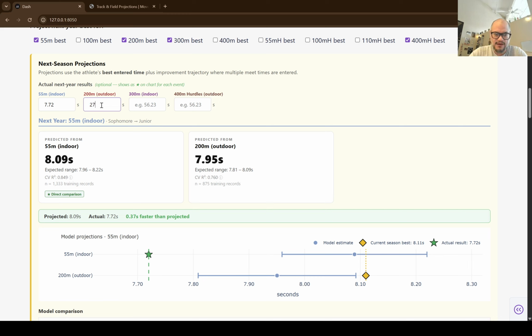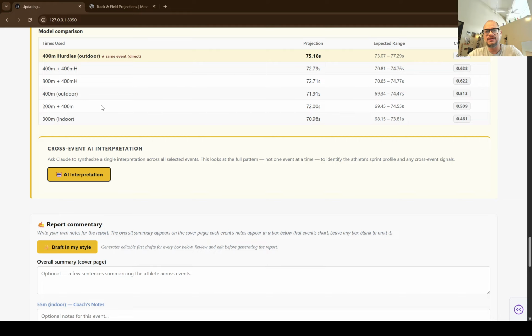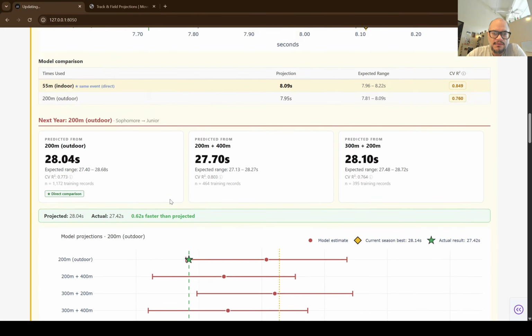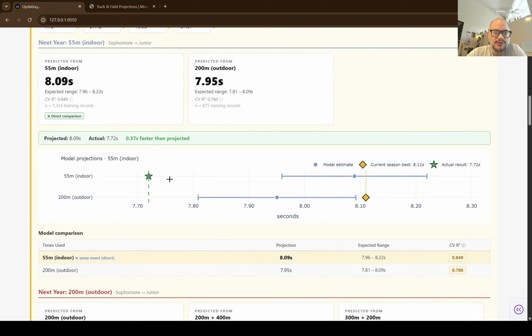So we have 7.72 for the 55, 27.42 for the 200 outdoor, 43.58 for the 300 indoor, and 67.67 for the 400-meter hurdles outdoor.